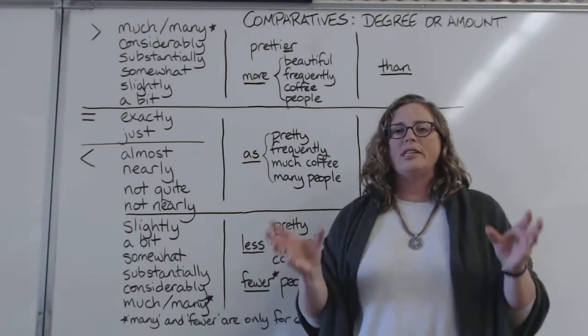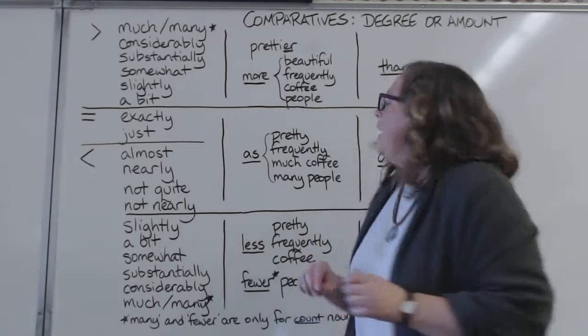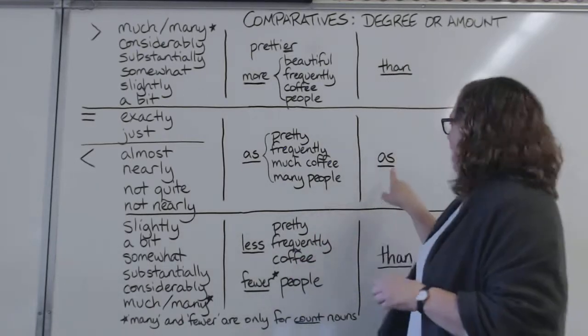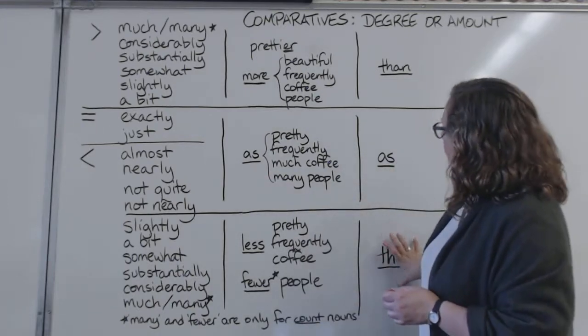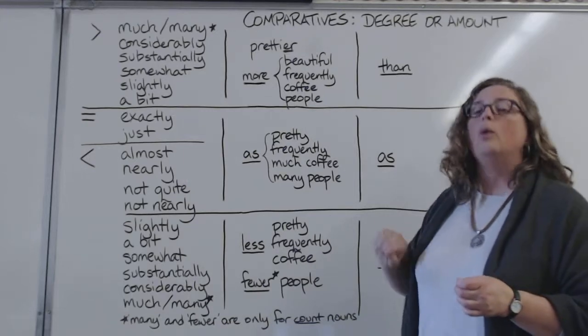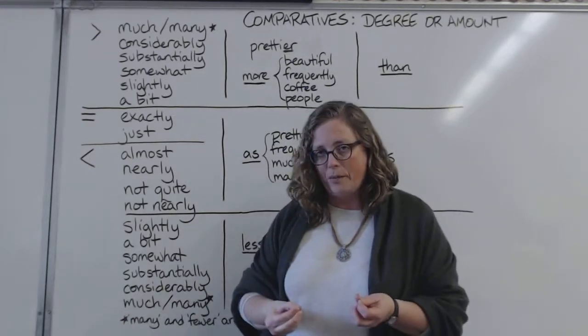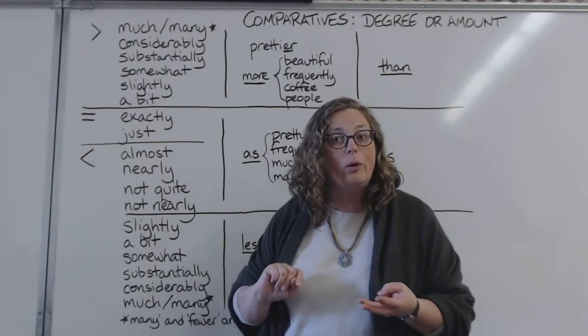So when you're focusing on difference, use than. If you are focusing on similarity, that's using as. Okay? Besides using than, we also need a comparative form of an adjective, an adverb, or a noun.